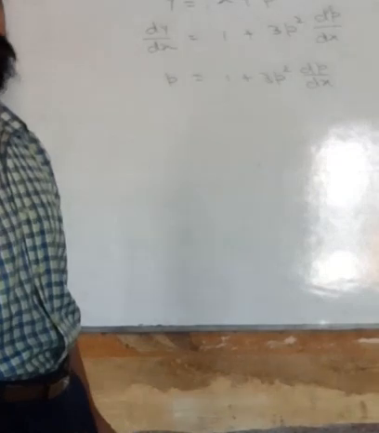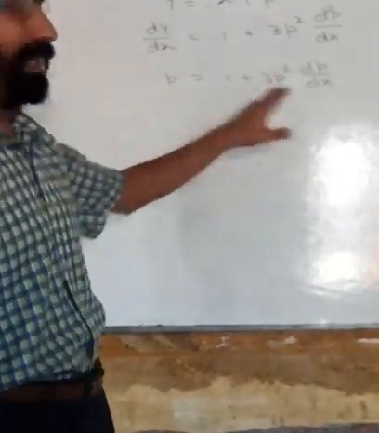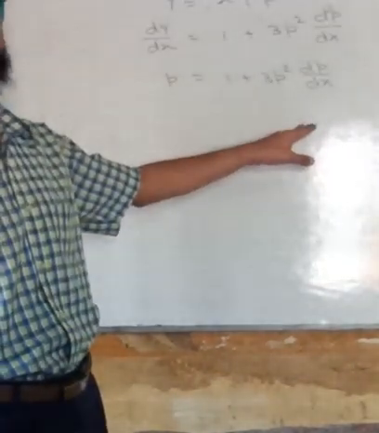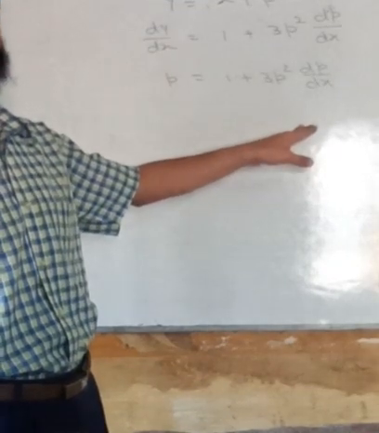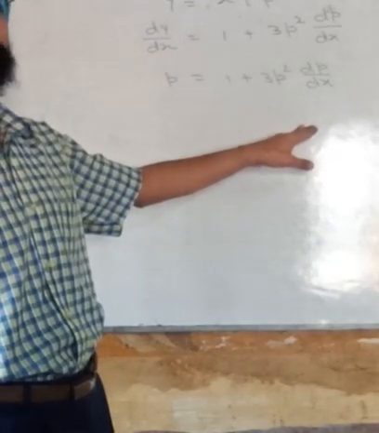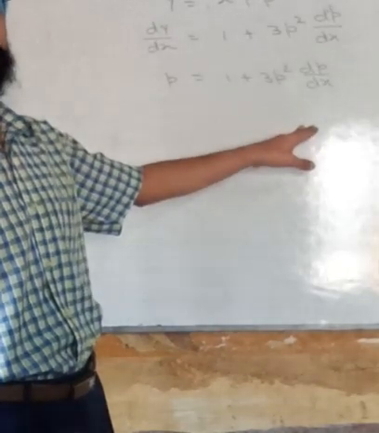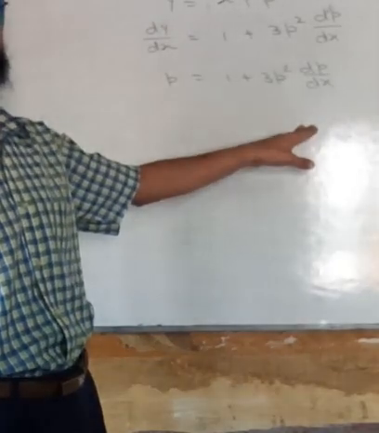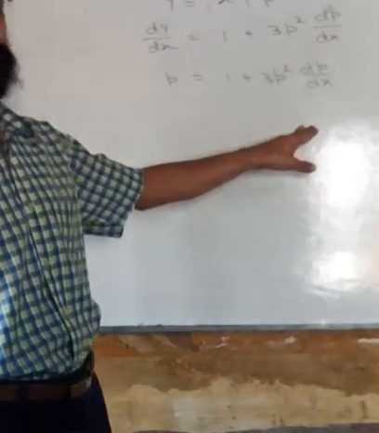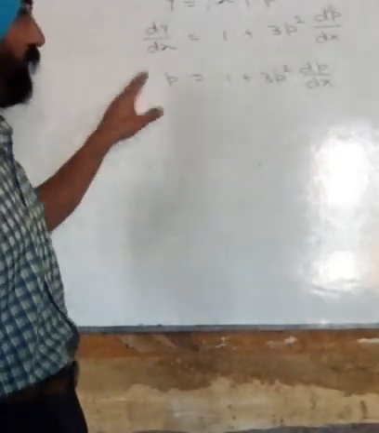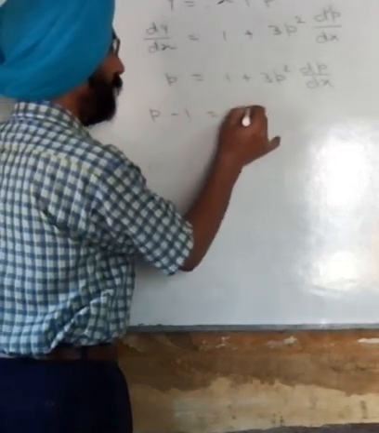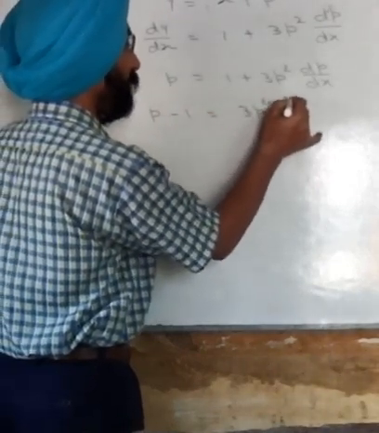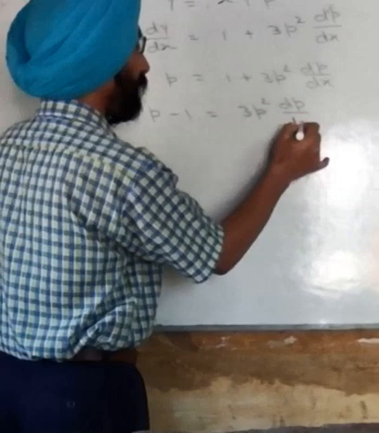Now we are having only two variables, p and x, there is no y. So we will try to solve it by using variable separable method or homogeneous form of differential equation or linear differential equation or exact form of differential equation, whichever is suitable. Taking this 1 to the left hand side, we get p minus 1 is 3p square dp by dx.